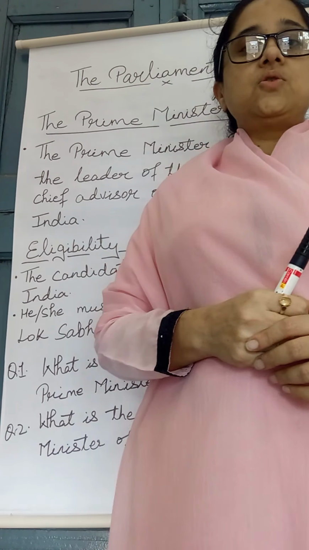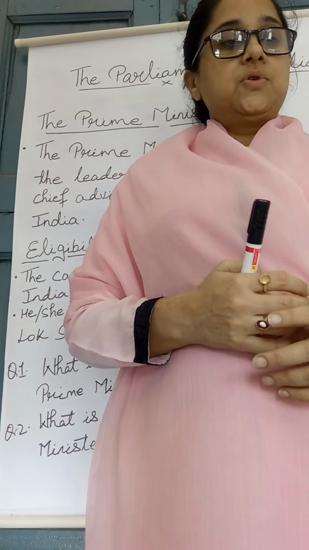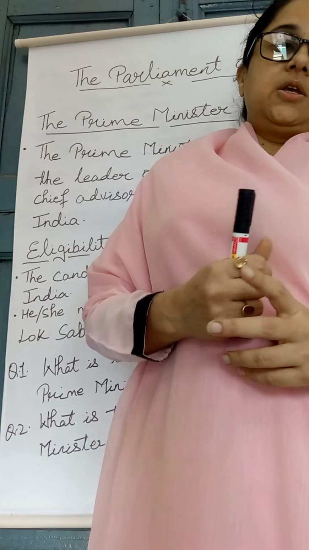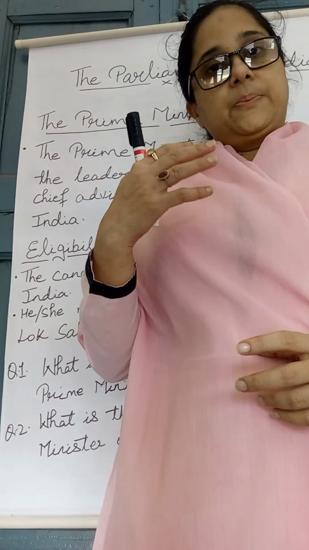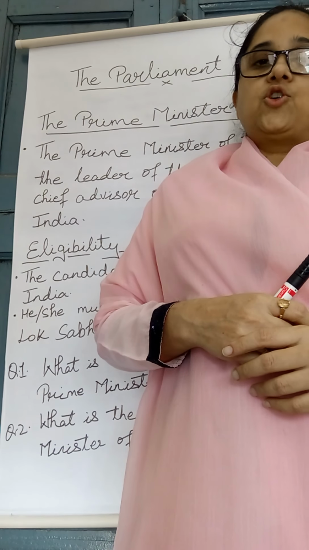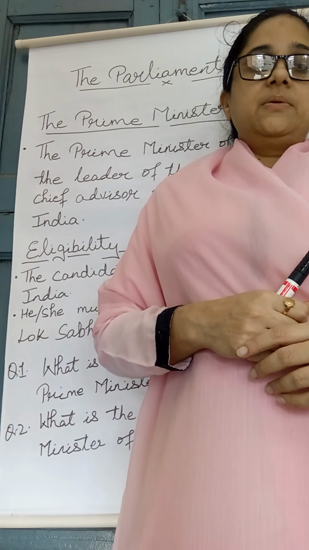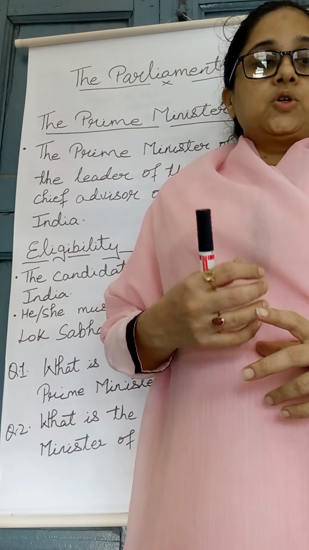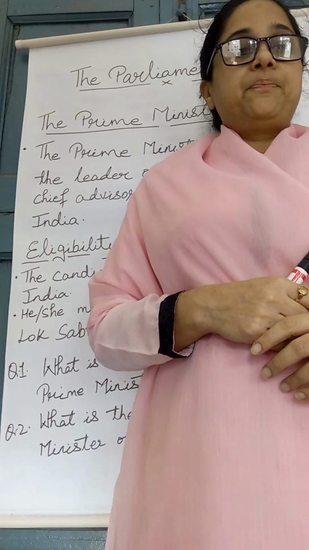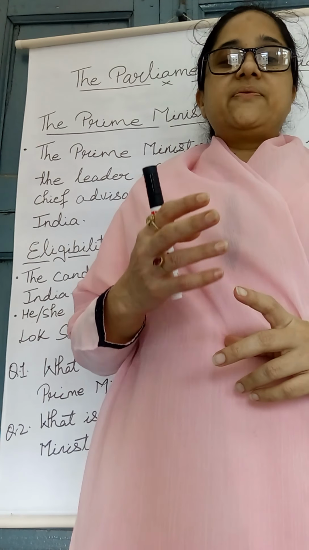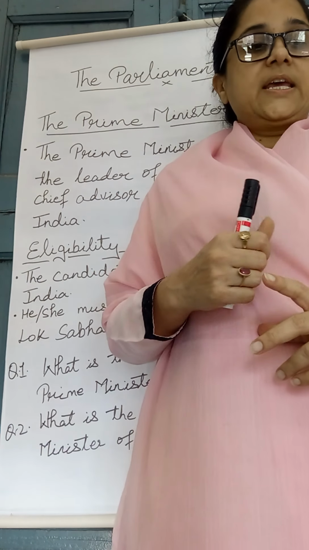In the previous video I explained to you about the President of India, that the President is the head of the state. The President is elected by the members of both houses of Parliament and legislative assemblies of the states.